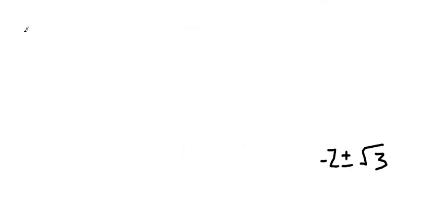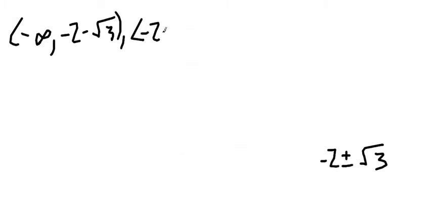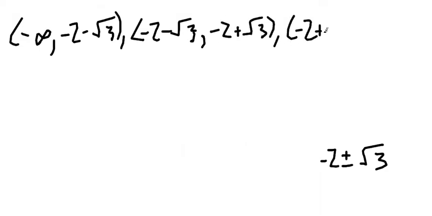This tells me that I need to look at the interval from negative infinity to negative 2 minus root 3, the interval from negative 2 minus root 3 to negative 2 plus root 3, and then the interval from negative 2 plus root 3 to infinity.